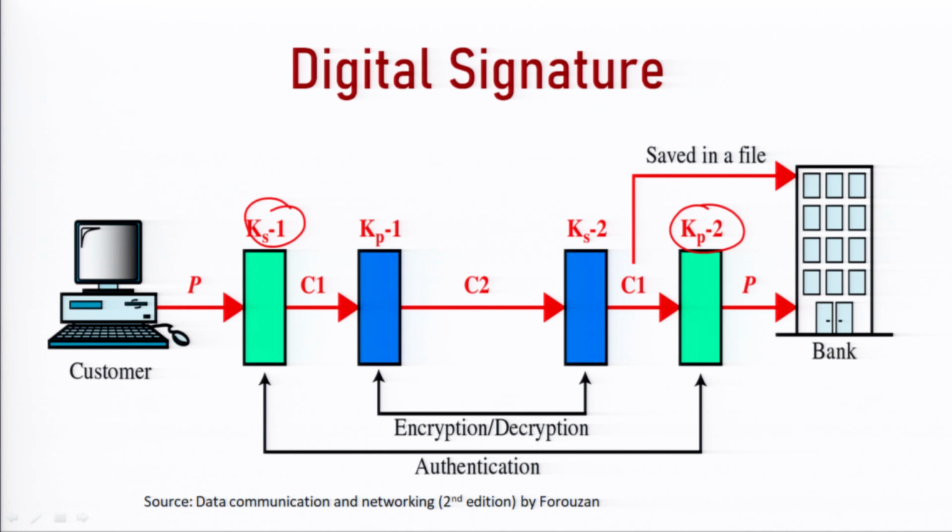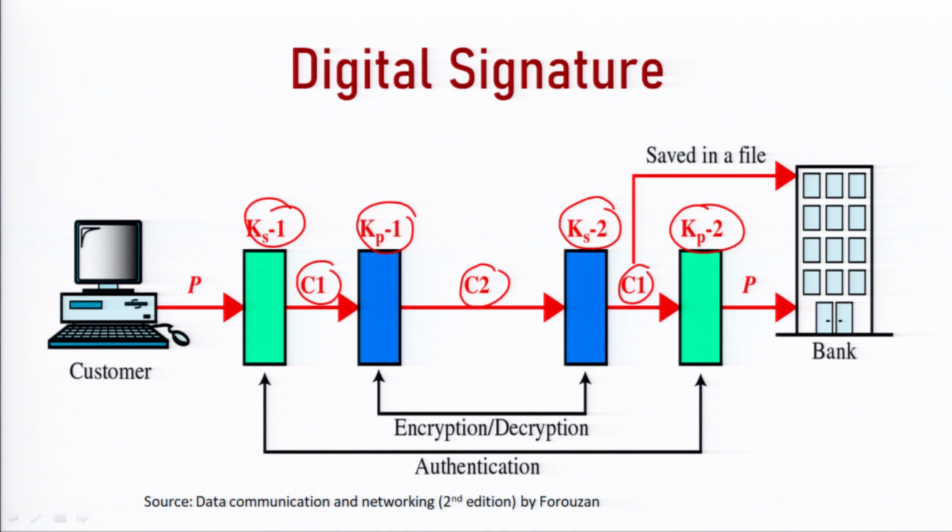Some plain text is sent from the customer, who uses the secret key K s minus 1 to convert it into the ciphertext C1, and then this ciphertext C1 is converted into the ciphertext C2 through the public key K P minus 1. When this comes to the bank, using the secret key K s minus 2, it will convert C2 into C1, and then a copy of C1 is saved by the bank for further use. Then C1 is converted by the public key K p minus 2 into P.